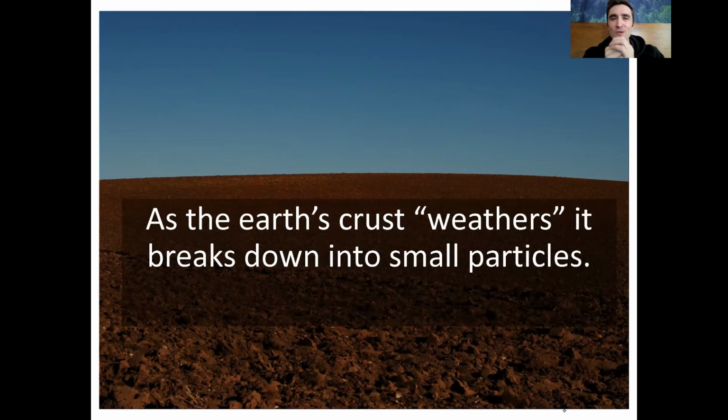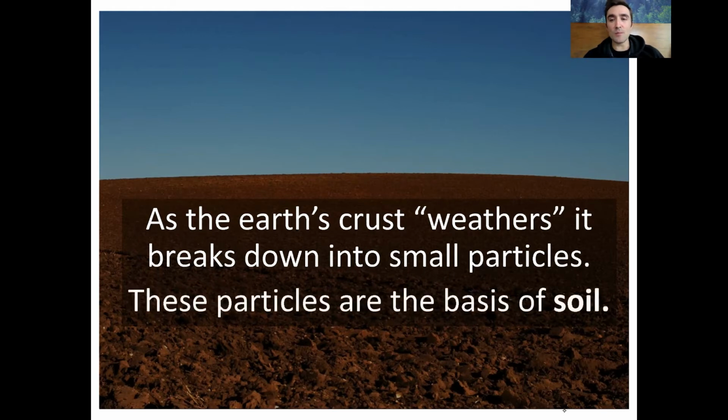And they get so small that they become soil, which is a size in which plant roots can grow. That's the definition of what counts as soil and what doesn't. So it's the particles that are the result of weathering that form the basis of soil. It's the majority part of what it is, broken down crust of the earth.